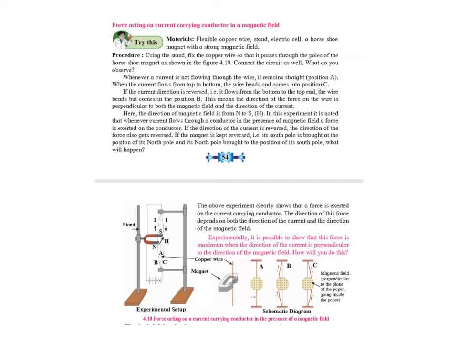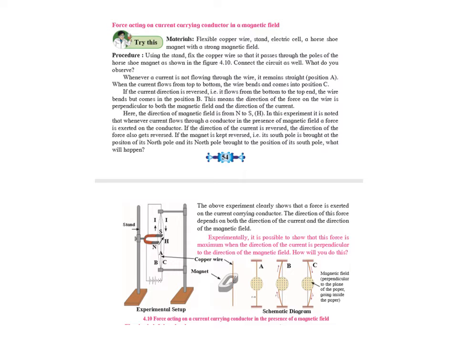Now what do you observe? When there is no current passing through the electric circuit, the wire remains in a straight line. When the current flows through the circuit, the wire gets deflected. See position A. A is the position when there is no electric current passing through it.